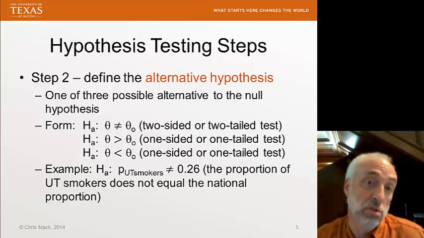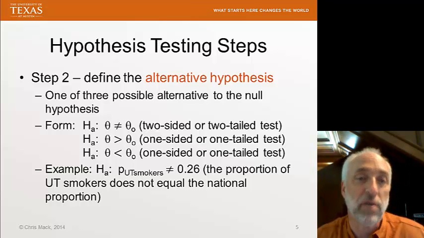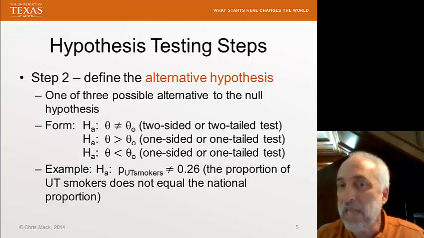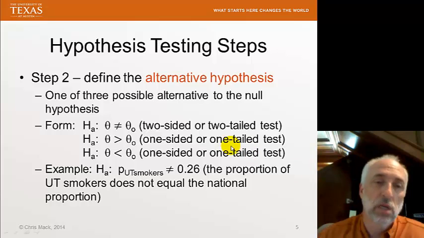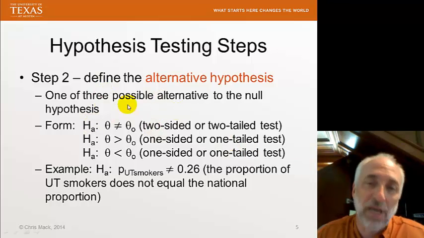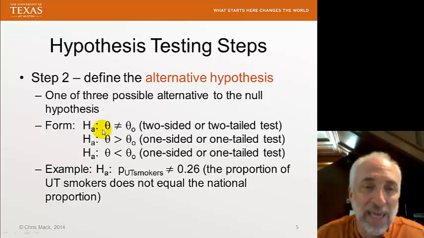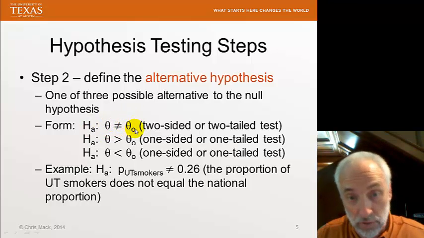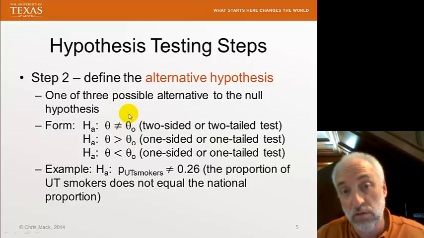Step 2, define the alternative hypothesis. There are several different ways of formatting the alternative hypothesis, in fact 3. We use the symbol H sub A, and one way is the parameter is not equal to the value we assumed it was equal to for the null hypothesis.